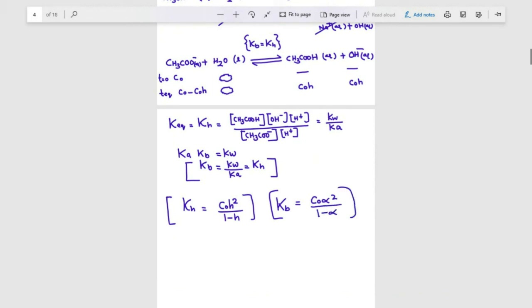Either it can be written like this or like this. It is behaving like a weak base.